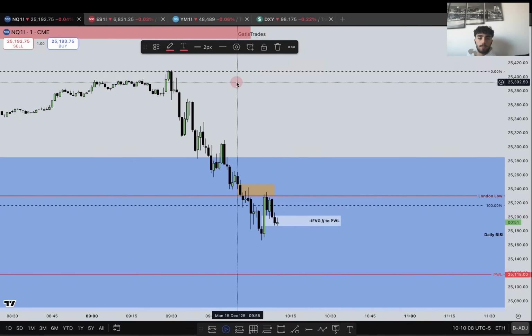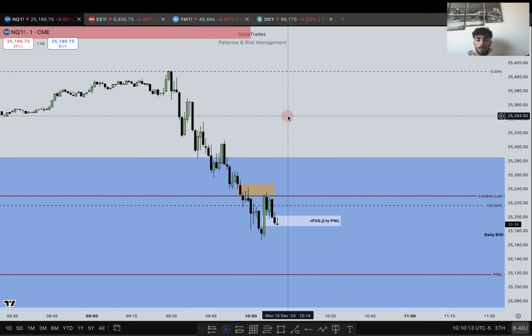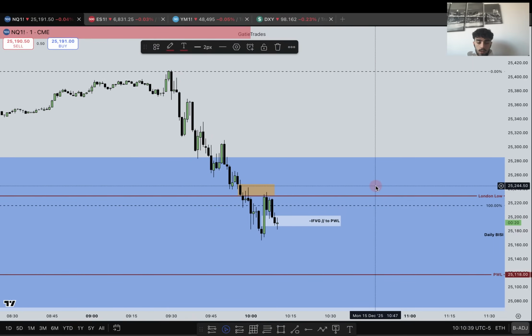Previous week's low is right here. So it's something I'll just watch. Previous week's low sits at 25120. Right? Previous week's low 25118.